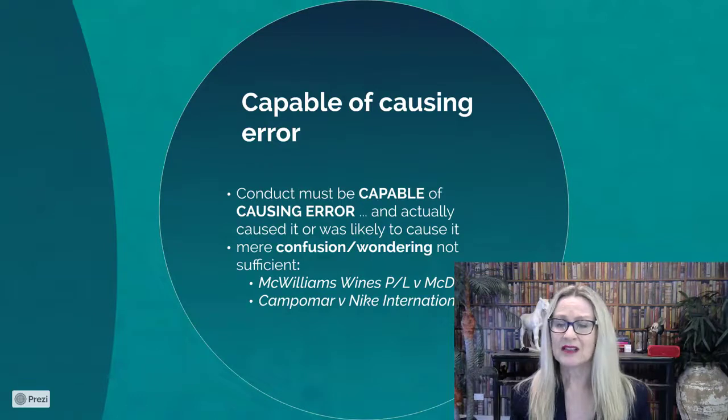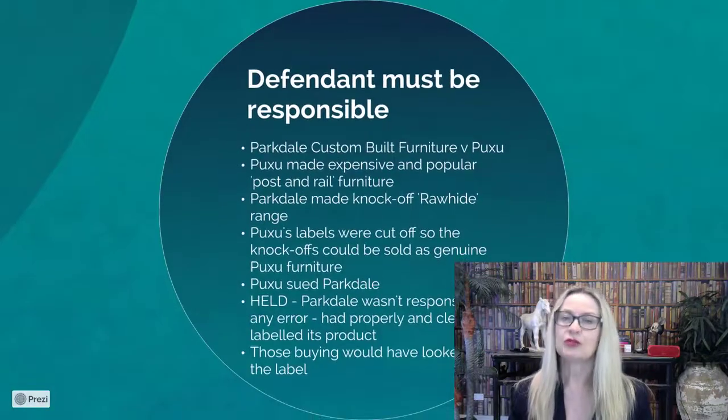It's a great example of just the versatility of what we now know as Section 18, and the fact that it's used by a lot more than just the average consumer wanting to object to misleading conduct. It's really used by businesses generally, and usually used in preference to, as I say, the common law cause of action, which is so much more craggy. So that's capable of causing error.